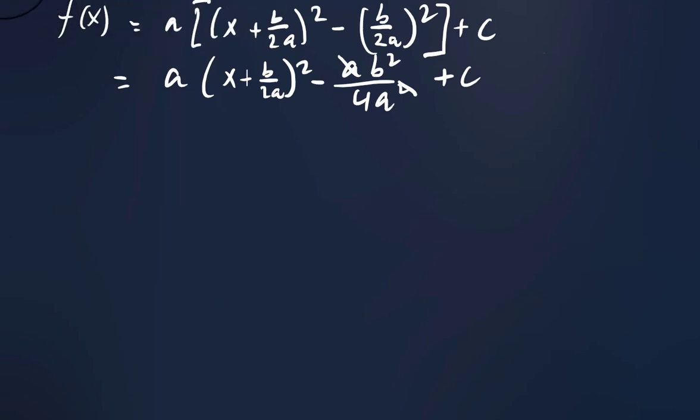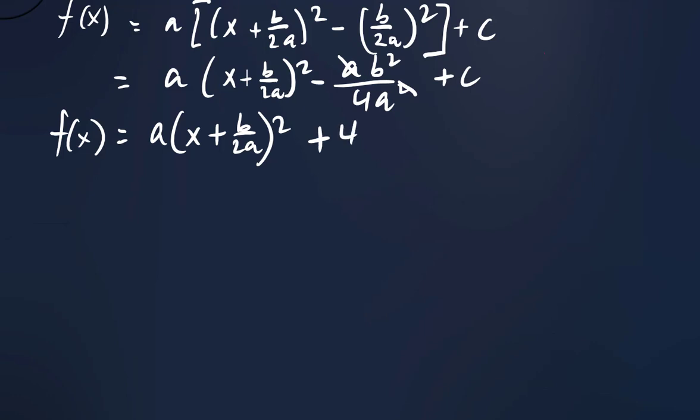We can then say that f(x) is equal to a factoring (x plus b over 2a) squared plus (4ac minus b squared) over 4a. Okay, that is what we are looking for.